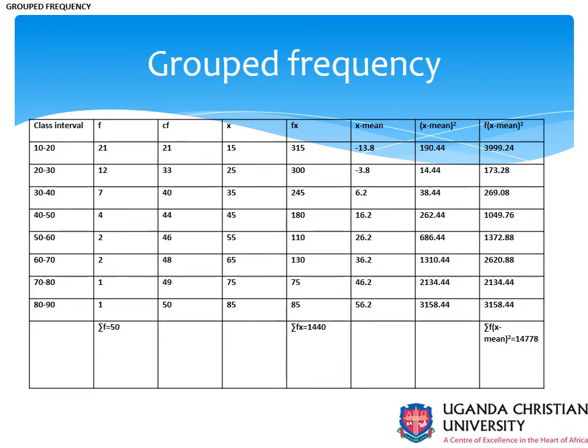So how do we get the range of grouped data? Range of grouped data is gotten by subtracting the lowest lower class limit from the highest upper class limit. So in this case it will be 90 minus 10. However, some sources use class boundaries. Like I told you in our previous classes, if you collected data on continuous variables, then you will need a class boundary column.